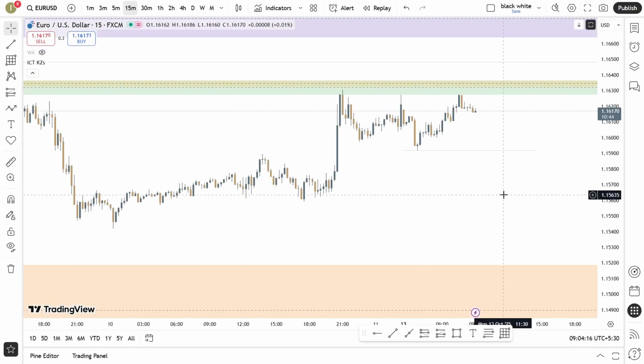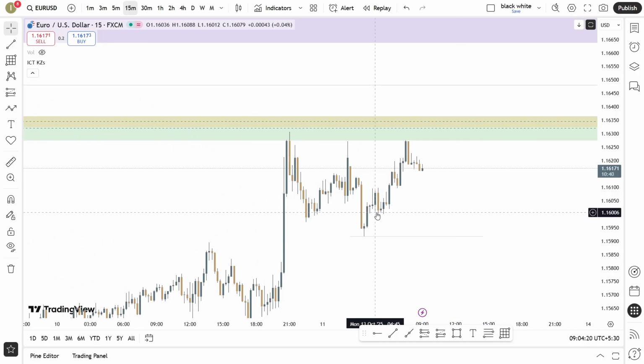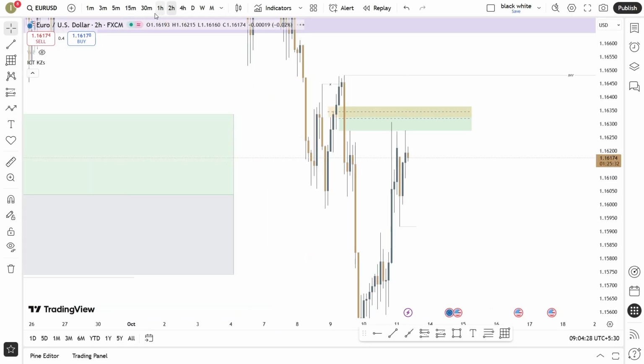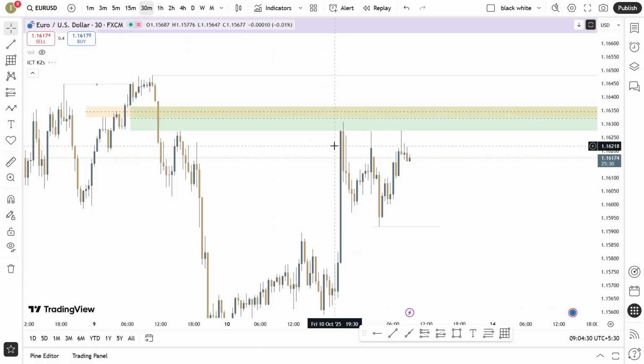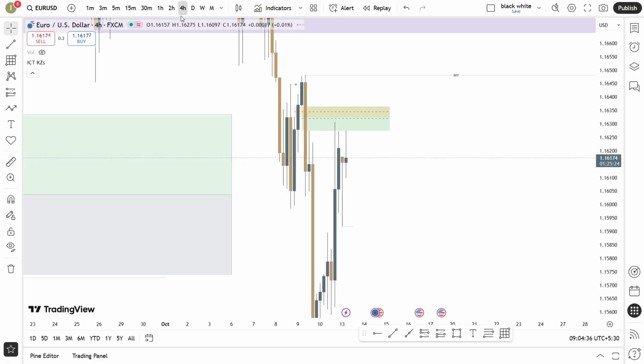As we move into the 15 minutes, what we see is that everything is efficient here and the price is moving higher. Now I'll be waiting actually. I'll be moving back a little to the 30 minutes. I guess I didn't go to 30 minutes. I messed up, did I?